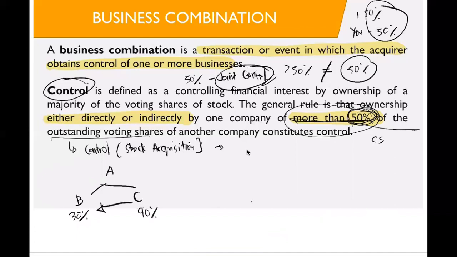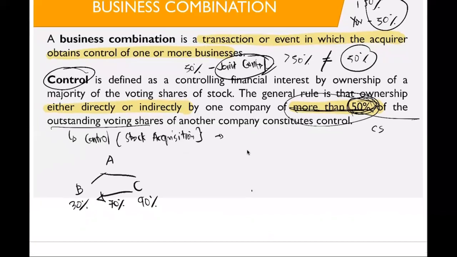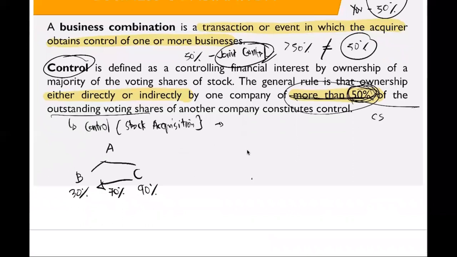C owns B at 70%, and C also owns D at 80%, and D owns B at 30%.